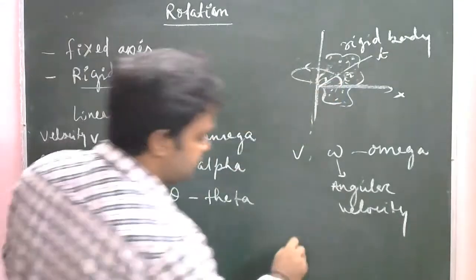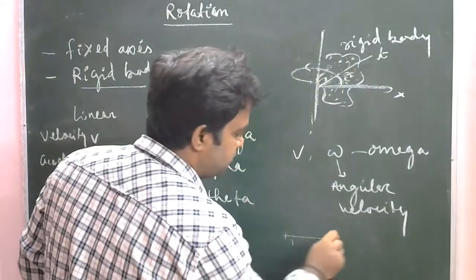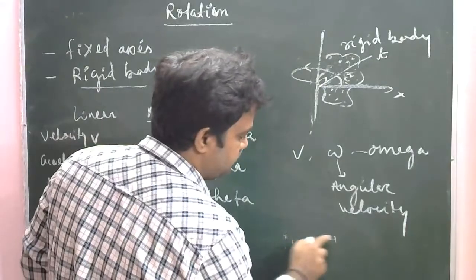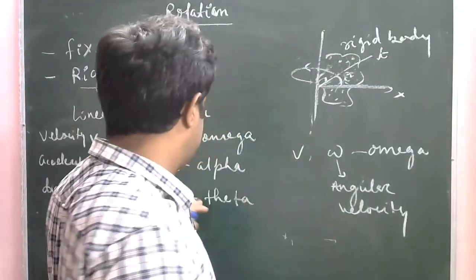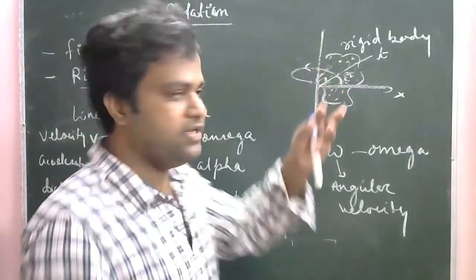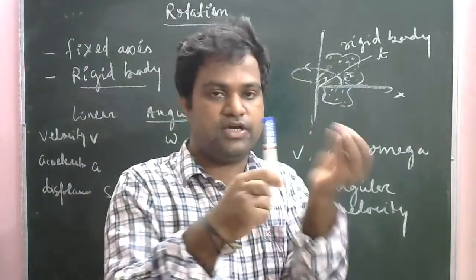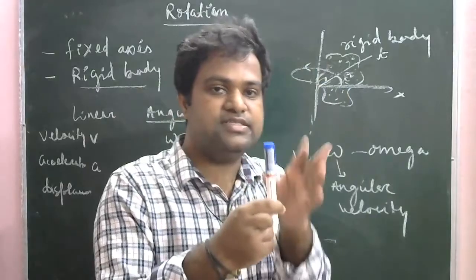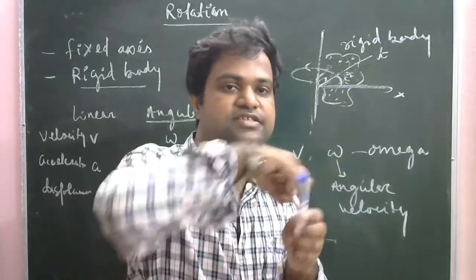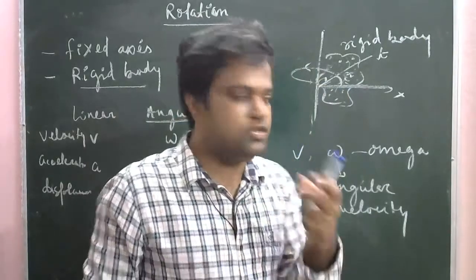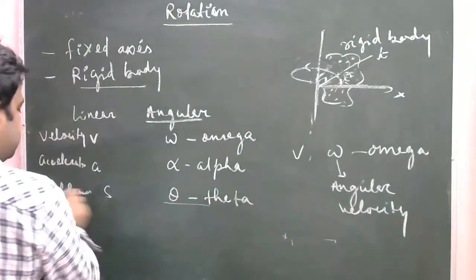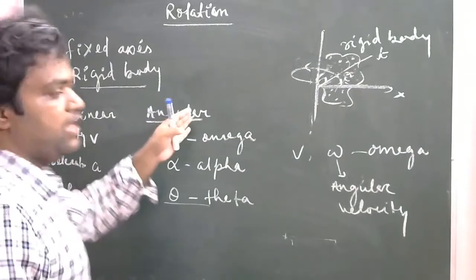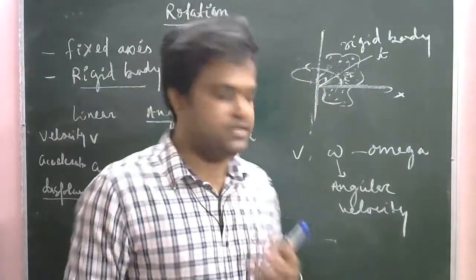Like in the linear case, when the object moves in a single straight line, it is linear motion. But when a rigid body revolves about an axis, there will be a change in theta, a change in angle. So theta is displacement in the case of angular motion or rotation.